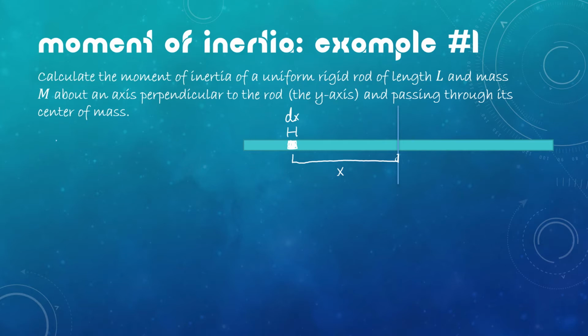So we always want to start with something that's on the equation sheet. And that equation, I equals r squared dm, is on your equation sheet. Since we have something that is one-dimensional, we'll use that linear mass distribution here. And the fact that it says it's a uniform rigid rod, that word uniform indicates that lambda is constant.